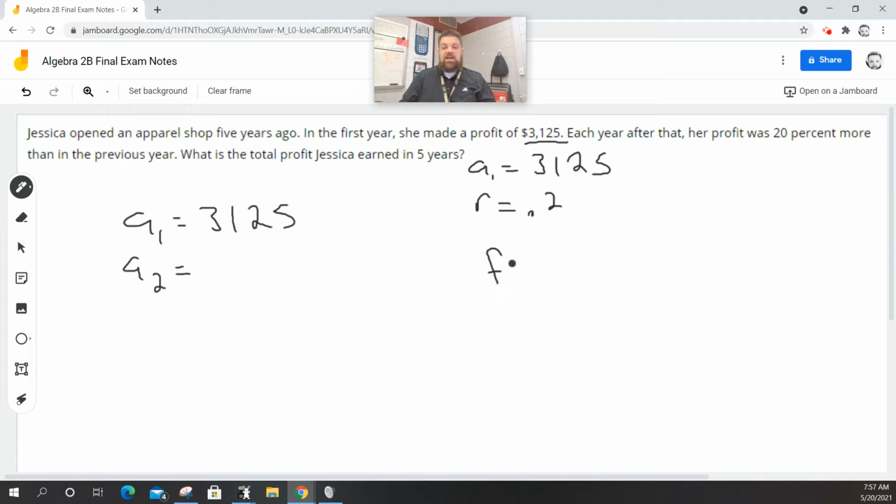So if I were to write this, this is a geometric sequence. The function of n is equal to the initial condition times 1 plus the rate, raised to the n minus 1.